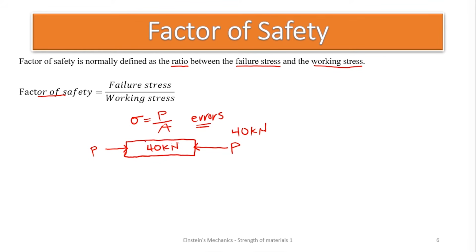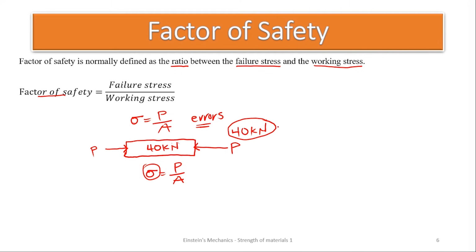What do I have to do? I have to run my test and know the amount of stress that can be induced by knowing the force and the area. But remember, I may have some irregular shapes, some approximations, some inconsistencies in my calculation of what? Stress. So I may not get the exact 40 kilonewton force. Therefore, I have to leave an allowance.